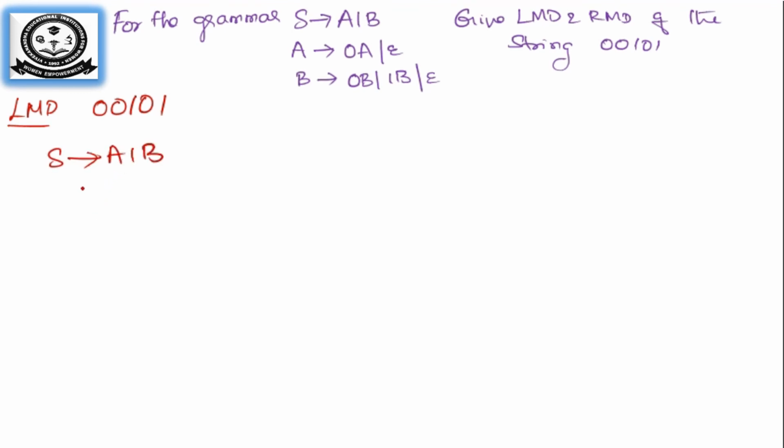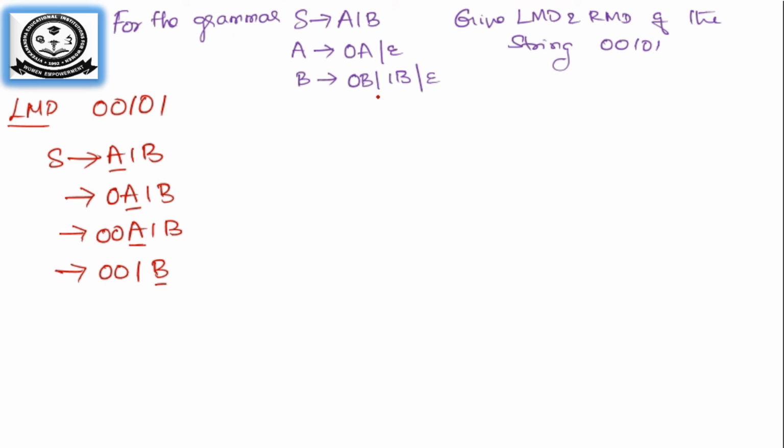Leftmost, so instead of A I will substitute 0A, so 0A1B. Again I need two zeros, so I will substitute again for A alone, so 0 0 A 1 B. Now I need 0 1 over here, so this other A I don't want, so I can substitute epsilon over here, so you will have 0 0 1 B here.